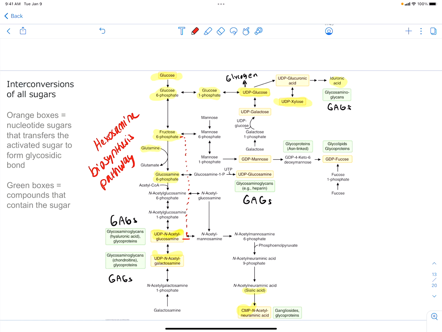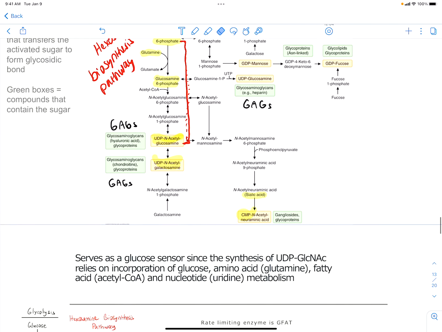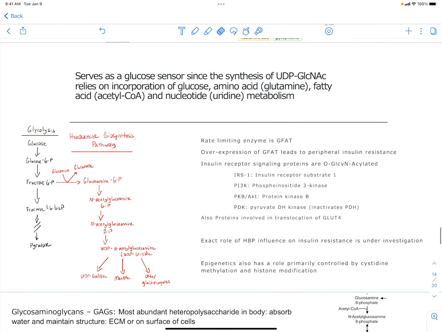And so I'll be talking about this, but it's right here in this pathway from going from fructose 6-phosphate through UDP N-acetylglucosamine. And so this pathway is becoming important as a pathway that is going to be a good sensor of glucose and glucose metabolism.